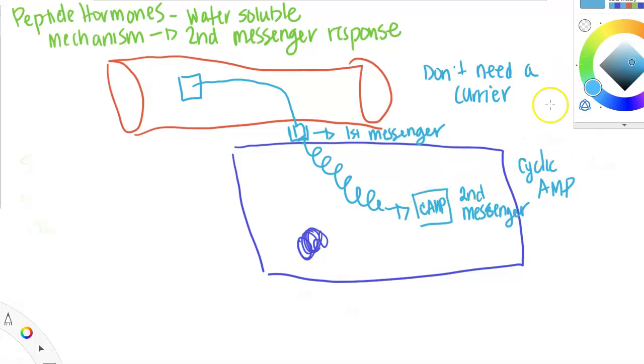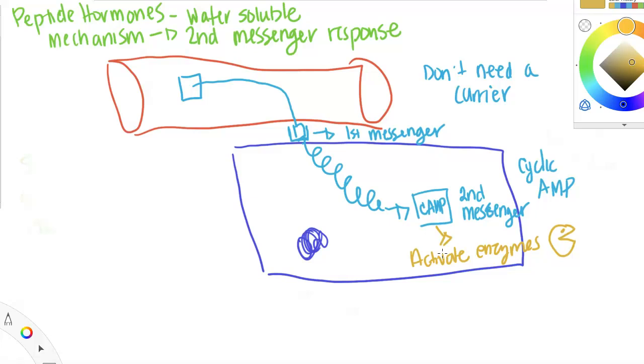work. So basically, the second messenger can do a couple of things, but mainly it will activate things like enzymes. So it activates enzymes. It can also create more channels in the membrane.